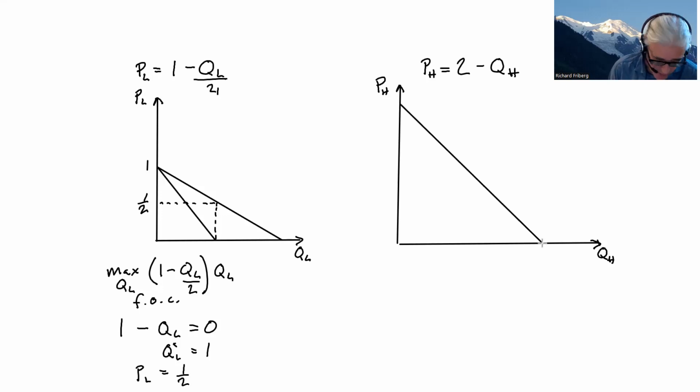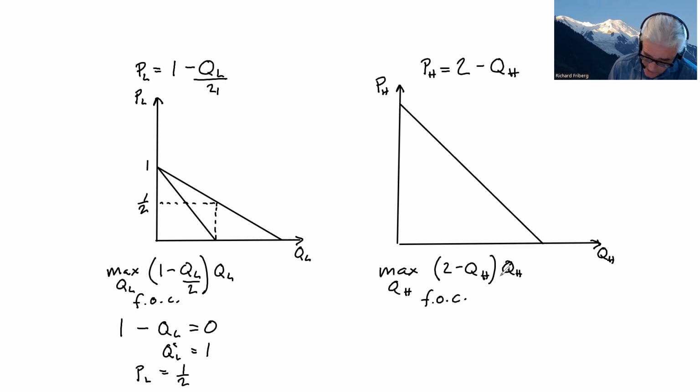The marginal revenue curve, similarly, so here the firm, the monopolist, we're looking at a monopolist here, would be setting QH to maximize profits from the high group. What are profits? Well, they're 2 minus QH times QH. Here as well, we're assuming no costs.